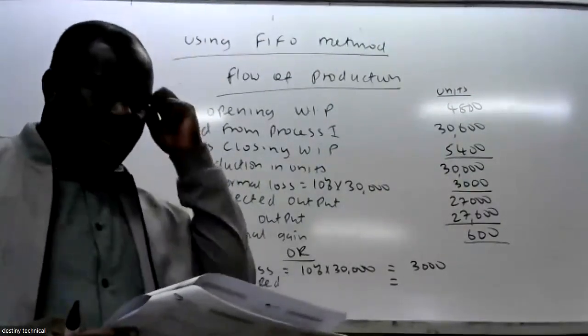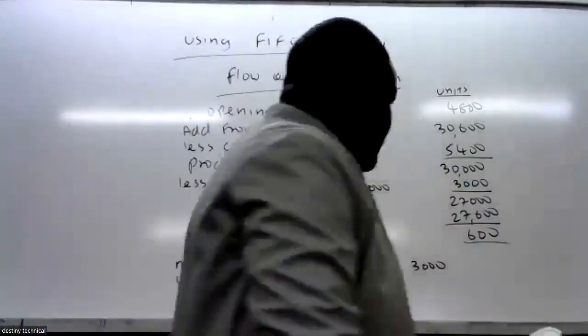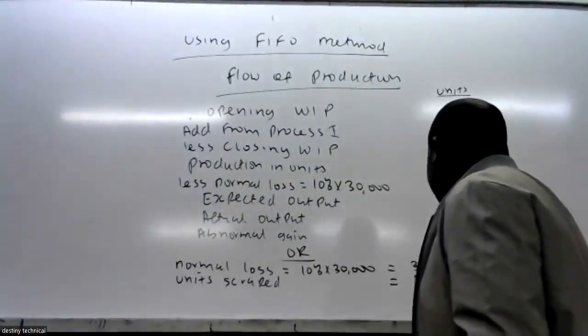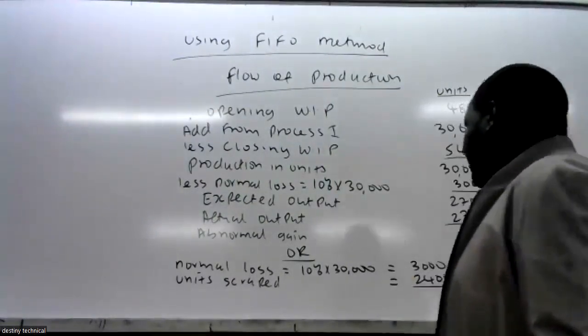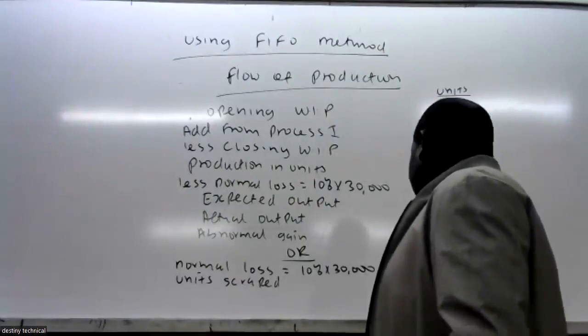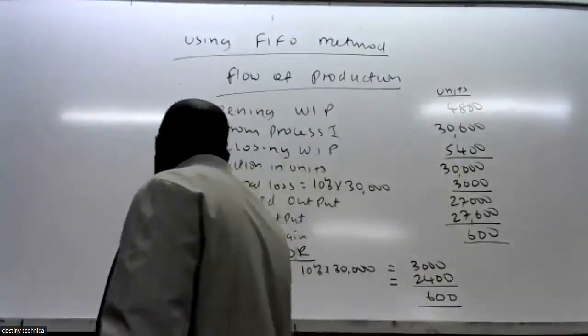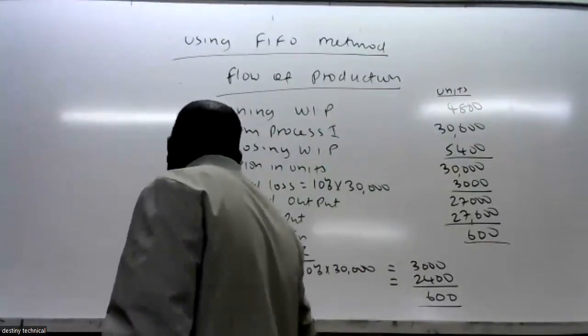Units scrapped amounted to 2,400 units. When you subtract, you get the 600, which is the abnormal gain.